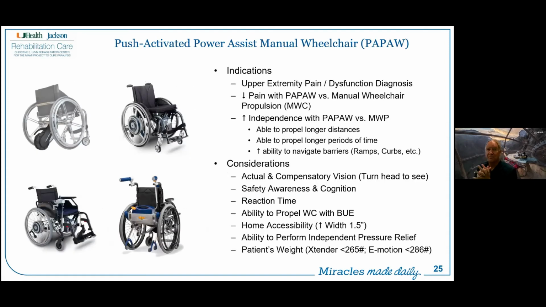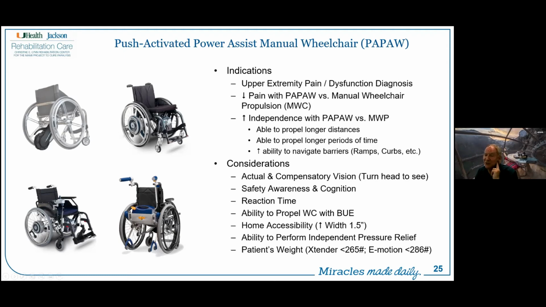So you have these push activated power assist manual wheelchairs. So the PAW, push activated power assist wheelchair. Indications: this is for those individuals who have been using an ultra lightweight manual wheelchair, who are having upper extremity pain or dysfunction.